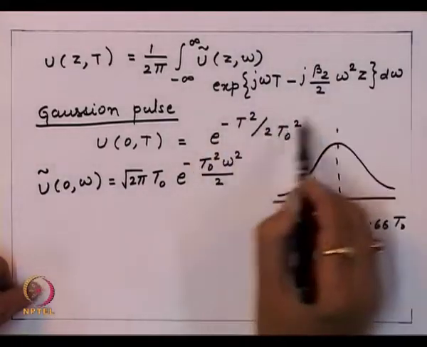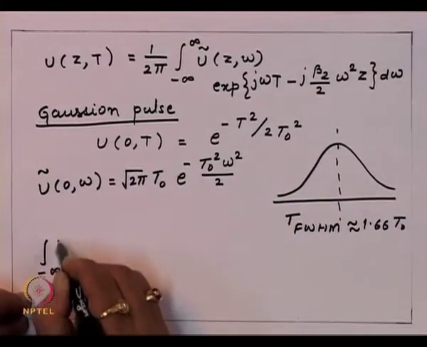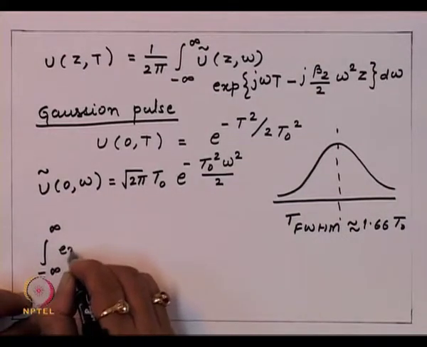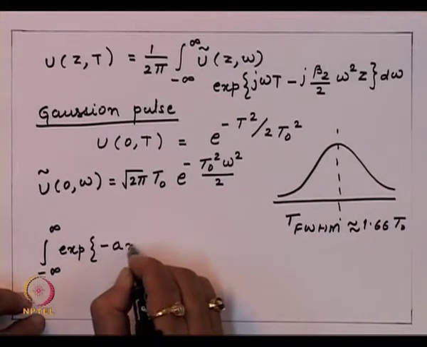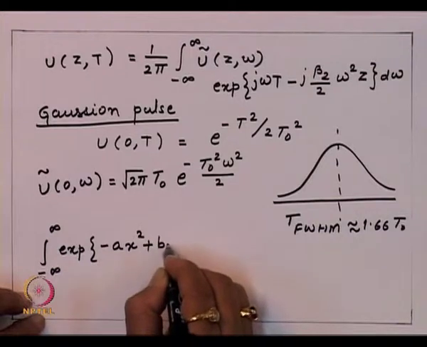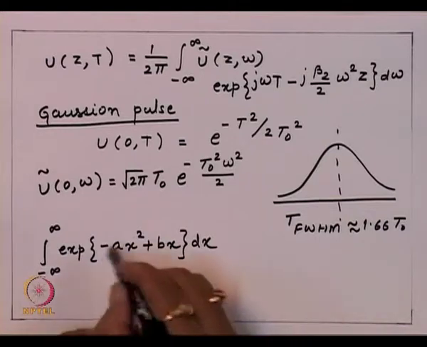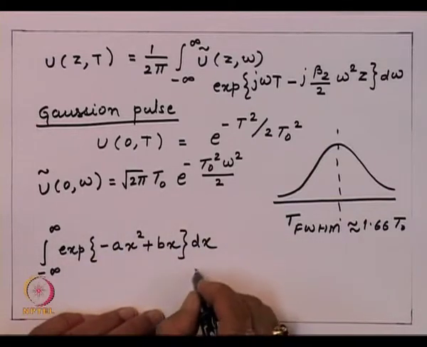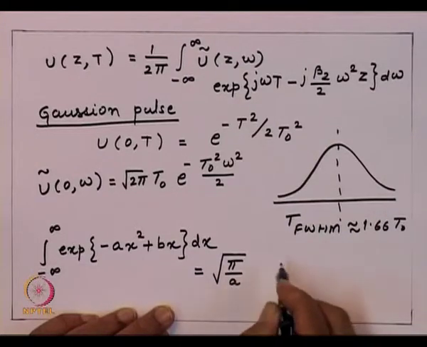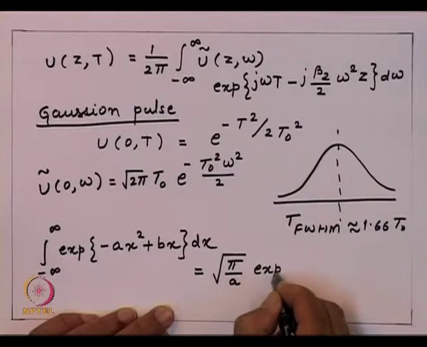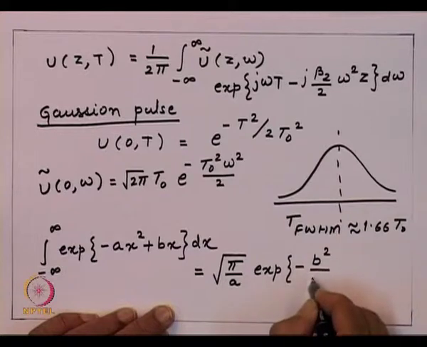So, essentially this integral which we are seeing here is of this form, integral from minus infinity to infinity of e to the power minus a x square plus b x dx, and this is a standard integral identity for which we know the integral, that is root of pi divided by a, exponential of b square upon 4a.